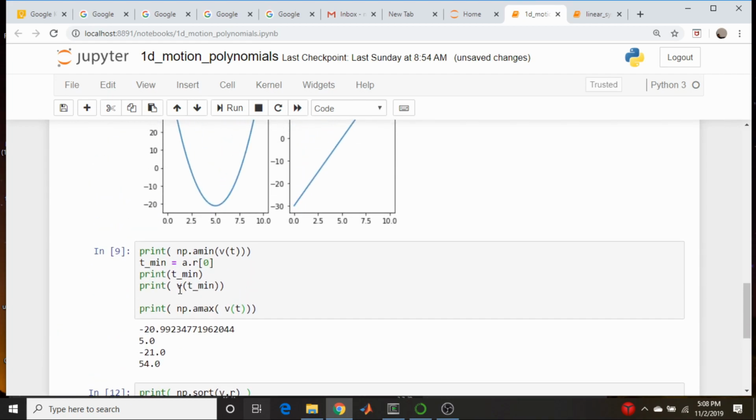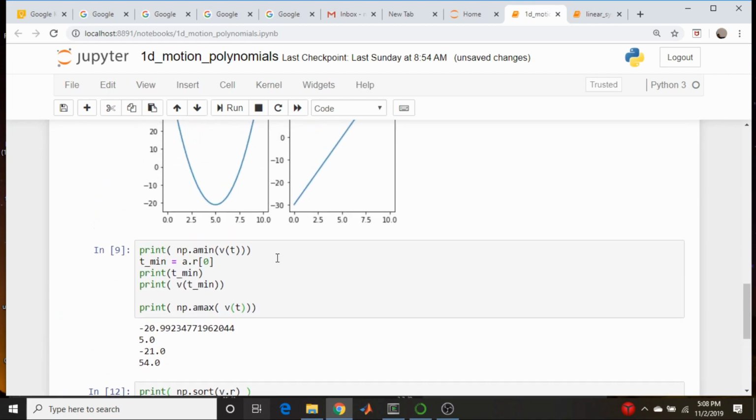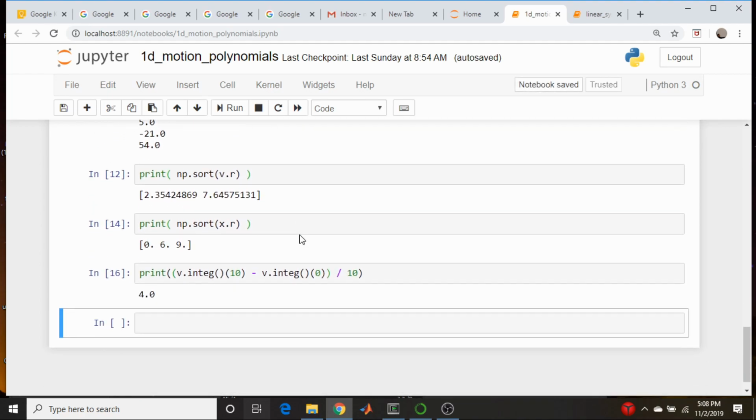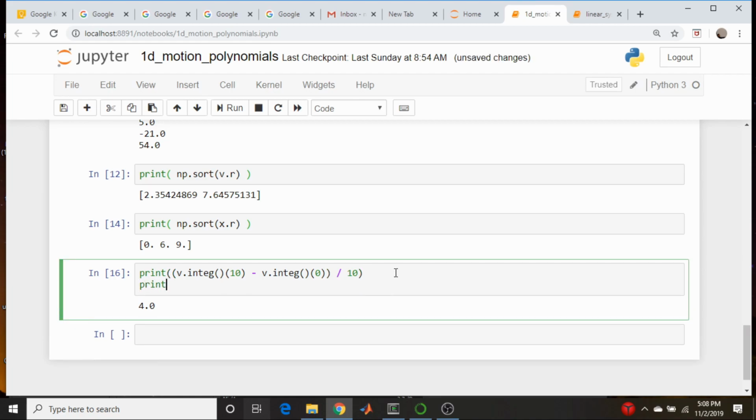And we can also do this numerically. We can also approximate this numerically at least. We could take that time vector and do the numerical integration with the trapz command. So let's just do that and see what we get. So let's go down here, print. Let's take v of t. Actually, let's integrate it.